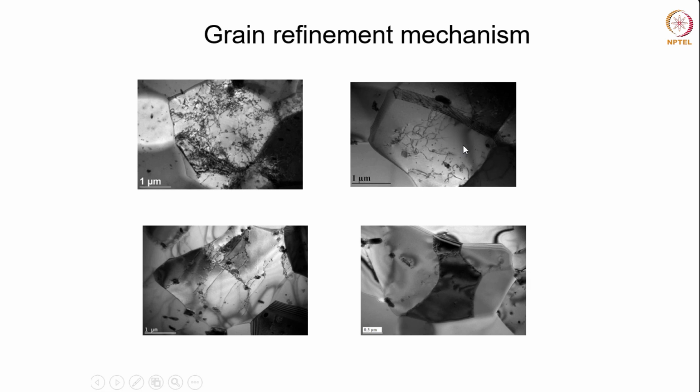For example, in this grain the dislocation build up is not that great compared to this particular grain. This grain is relatively dislocation free because dislocations would have moved by cross slip and other high temperature mechanisms.